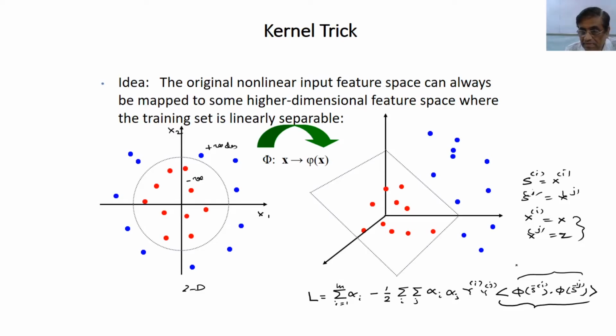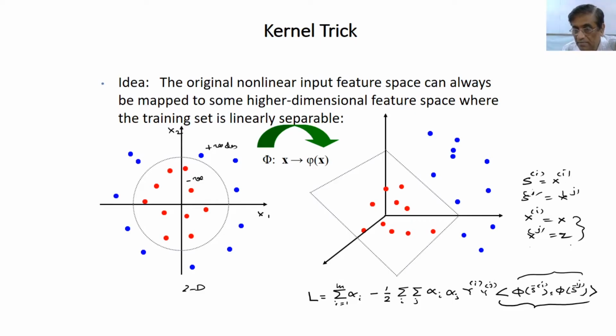So basically earlier they were x, z or whatever, xi, xj, but in the higher dimensional feature space x has been transformed or mapped using feature mapping phi, and this is the new identity of the samples in the higher dimensional feature space.